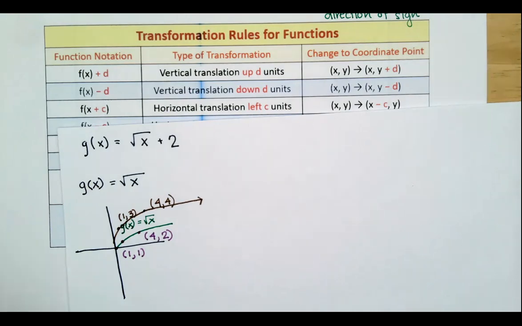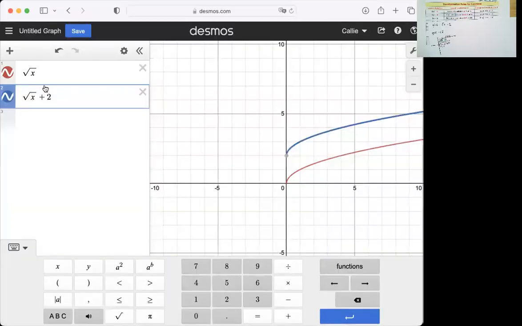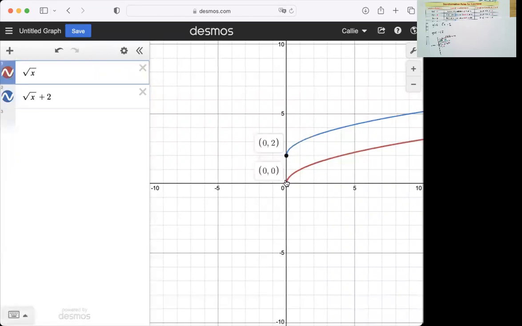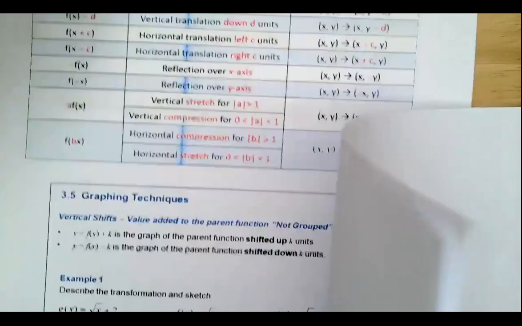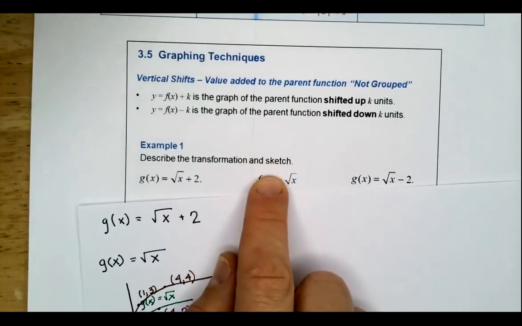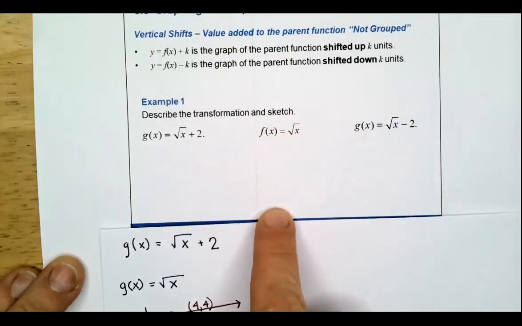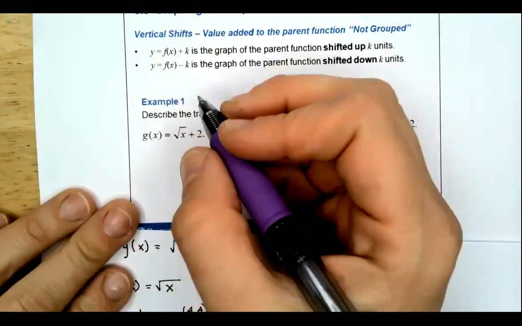Okay? Let's look in Desmos. Here the red is just the square root of x, and then the blue graph is the square root of x plus 2. So instead of 0, 0, you have 0, 2. Good. So that is how you would sketch the transformation. How would we describe it? What happened here?